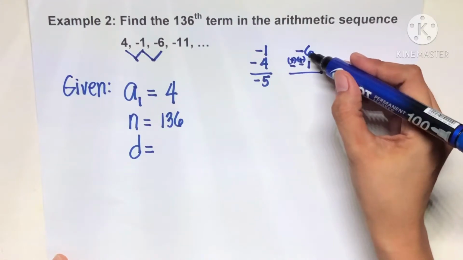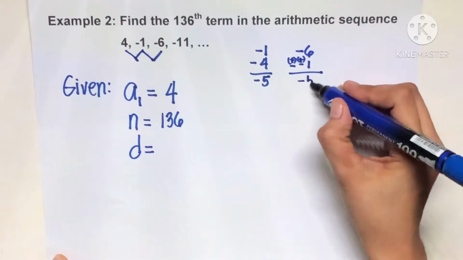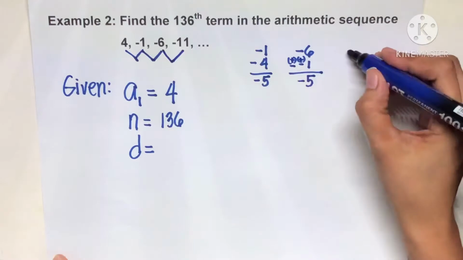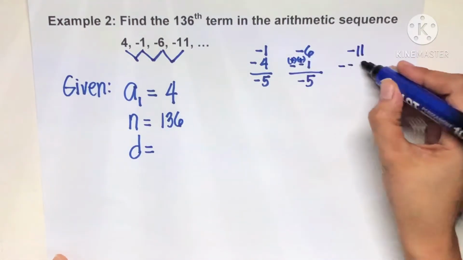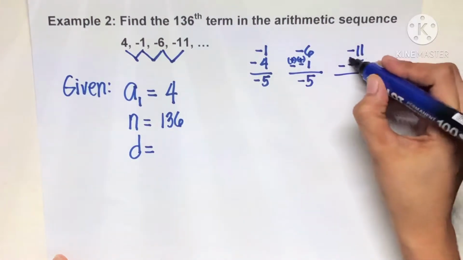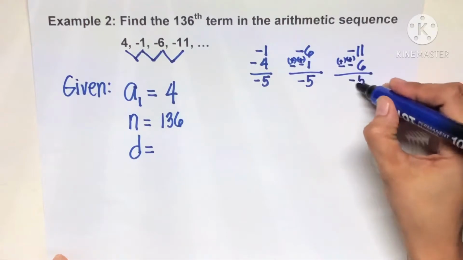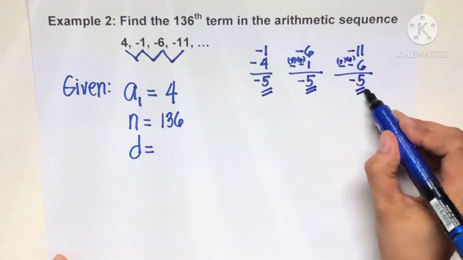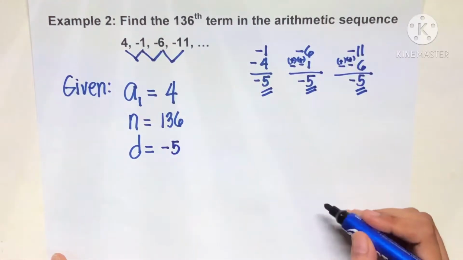So this will become negative 6 plus positive 1 is negative 5. Okay, next, negative 11 minus negative 6. So this will become negative 5. So notice that they have a common difference which is equal to negative 5. So therefore, our d is negative 5.